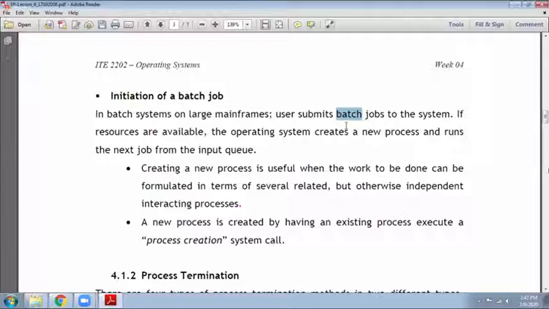Batch, like the 2019 batch. You have to use this term. We have noticed students very often use the other term.